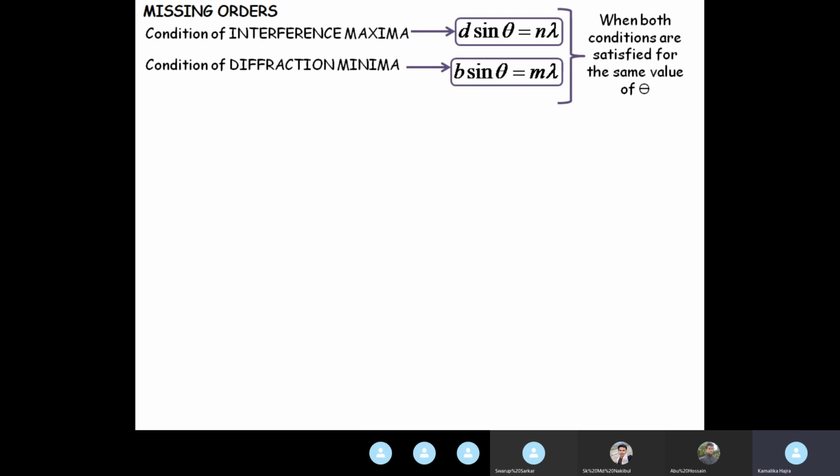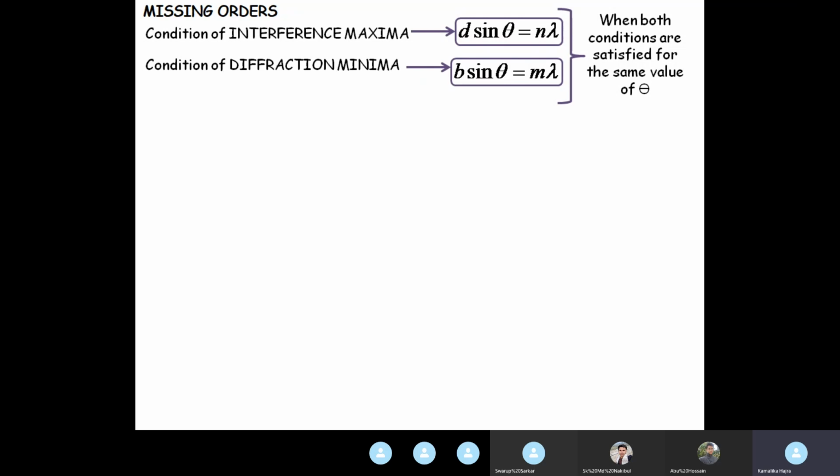So suppose we have a point P on the screen where the light diffracted at the same angle theta is simultaneously satisfying the condition d sine theta equal to n lambda and b sine theta equal to m lambda, where m and n may of course vary. For the nth order of interference pattern, we are getting d sine theta equal to n lambda, maximum.